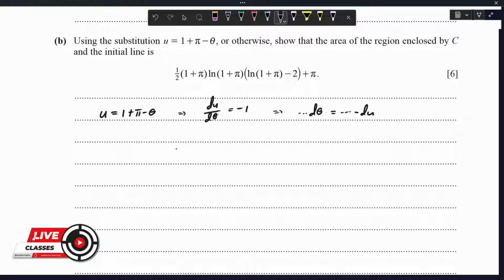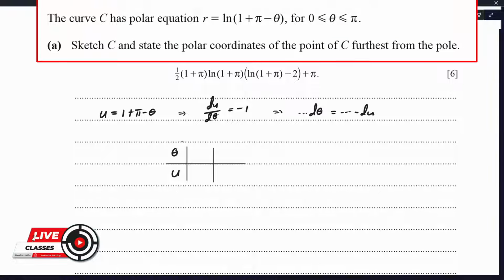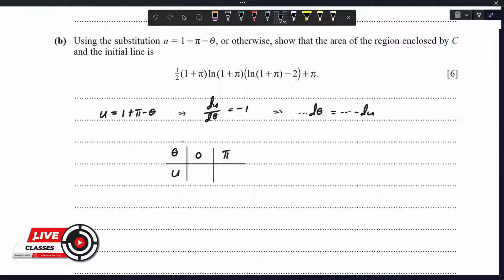We can also consider the limits, theta and u. According to the original question, the limits are 0 and pi. All right.